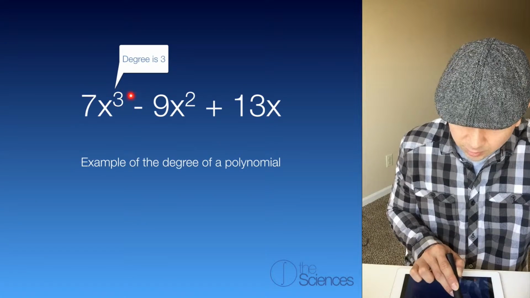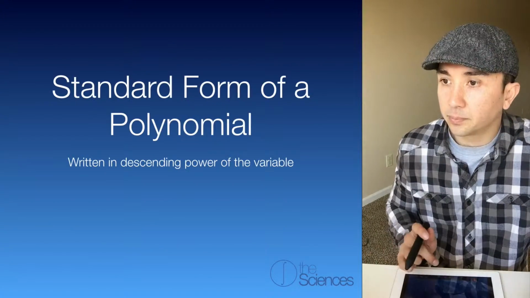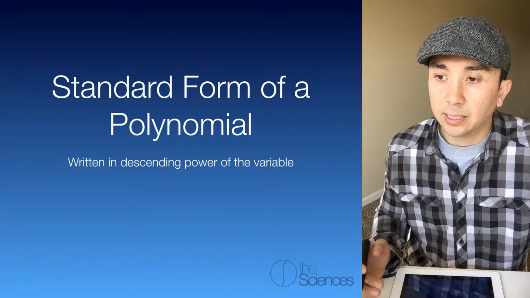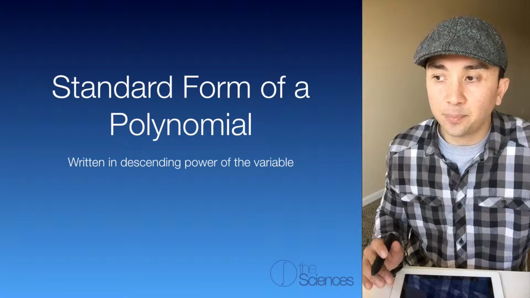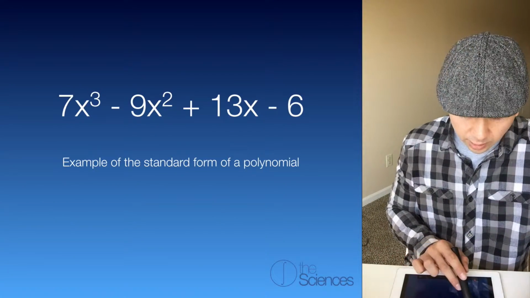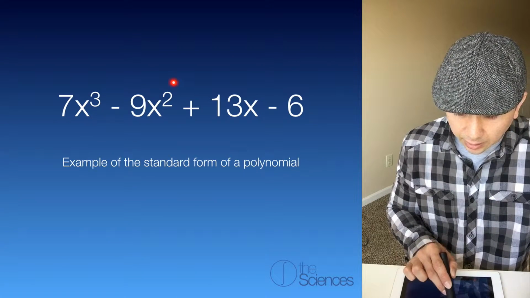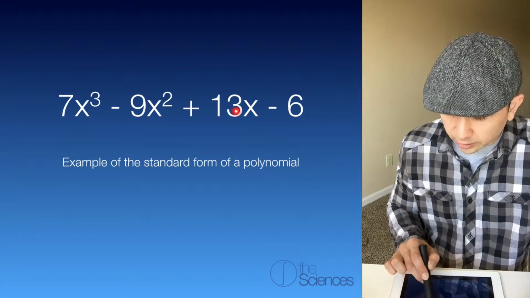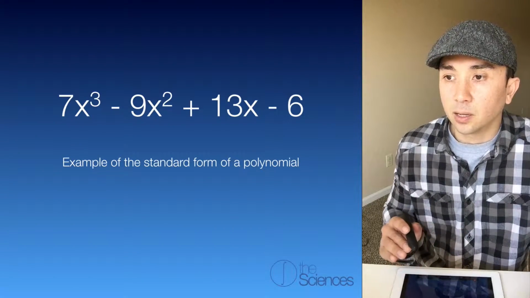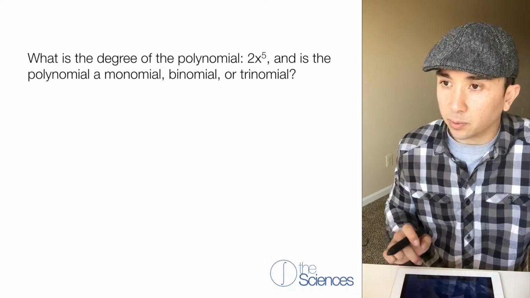It's just the highest power in the polynomial. Now the standard form of a polynomial is written in descending powers of the variable. So here notice that we write it with x cubed, x squared, and just x to the first power. So they're in descending powers.